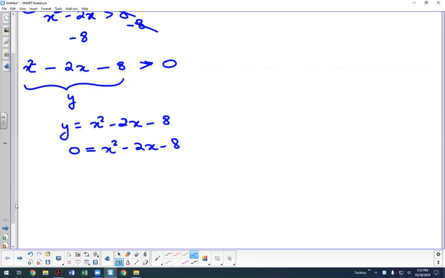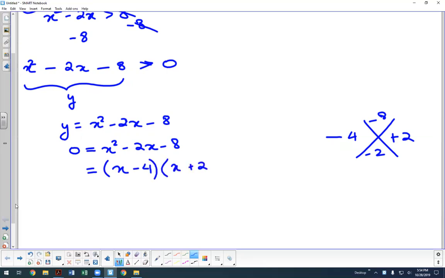So think of two numbers that multiply to give you -8 and add up to give you -2. Yeah, you want to make it -4 and a +2 to get that combination to work, which would end up giving us x minus 4 as one of the factors and x plus 2 as the other one, and then set each one equal to 0.